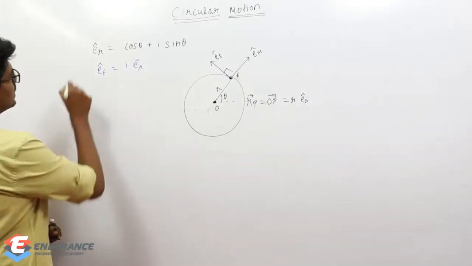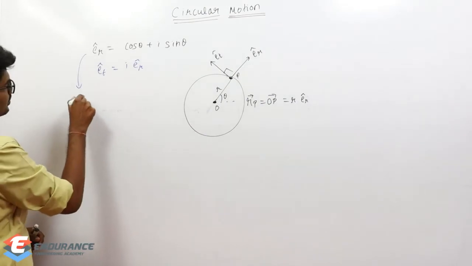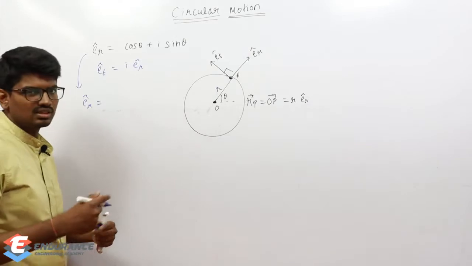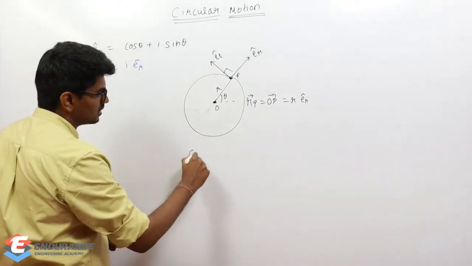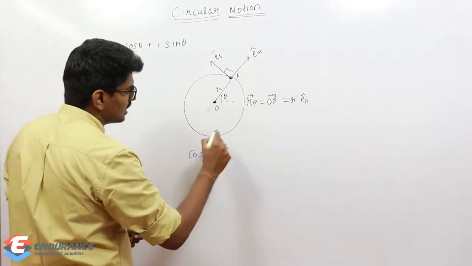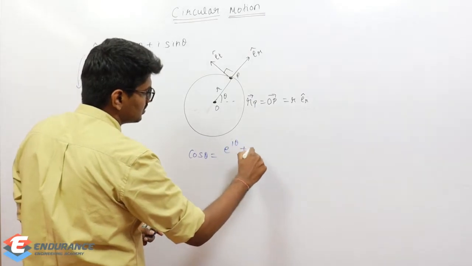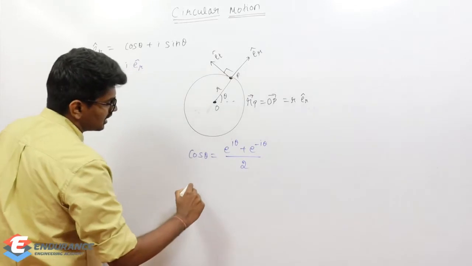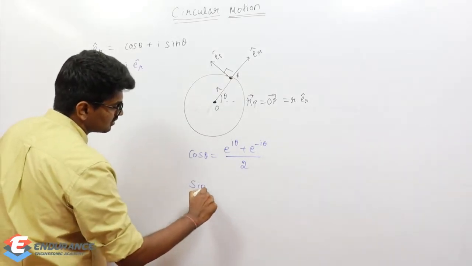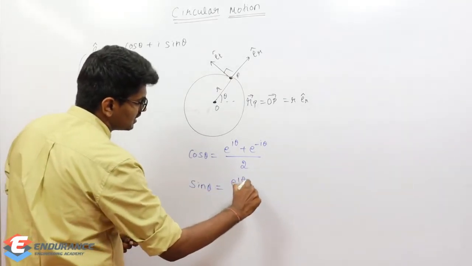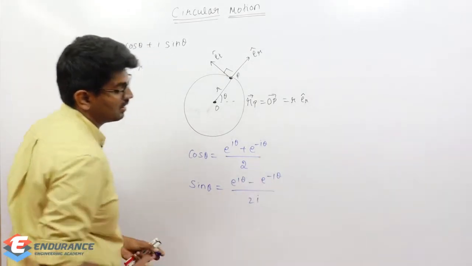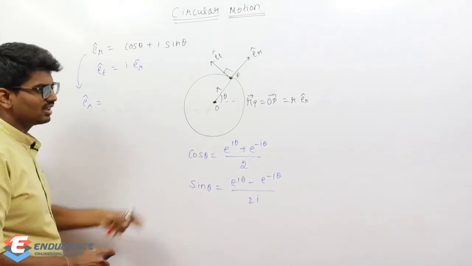ER cap. Now coming to this ER cap, which is equal to cos theta plus i sin theta. What is cos theta first? We know the basic relation, I hope you remember: cos theta is equal to e to the power of i theta plus e to the power of minus i theta by 2. And similarly sin theta will be e to the power of i theta minus e to the power of minus i theta by 2i.